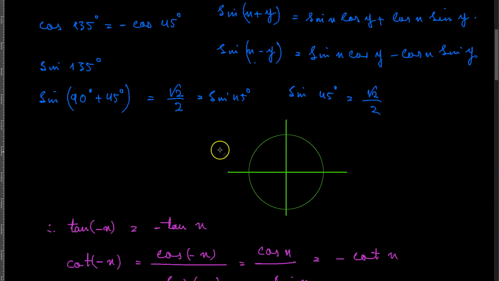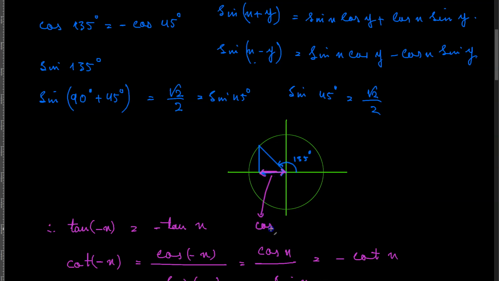Okay, so then what I can do is that I know that cos of 135 degrees is this angle here. This is 135 degrees. Now the cos of 135 degrees is this value here.